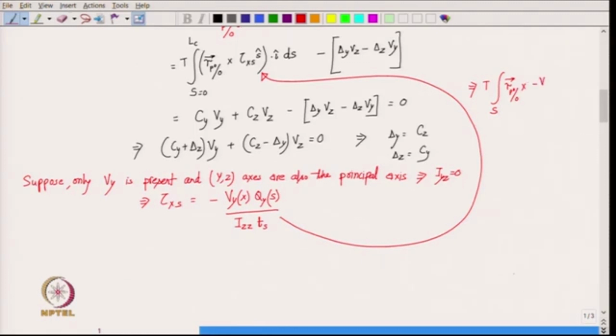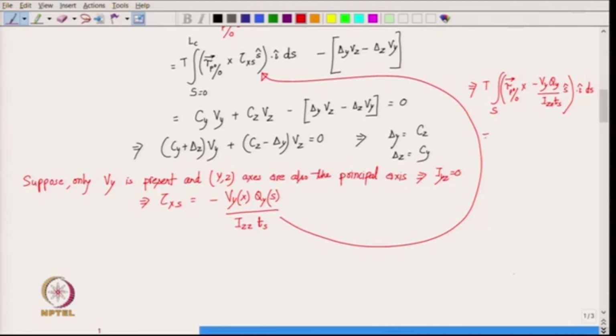So, minus V y into q y over I z z times T s, right, and that is along s hat, and we then dot it with I d s, is not it.